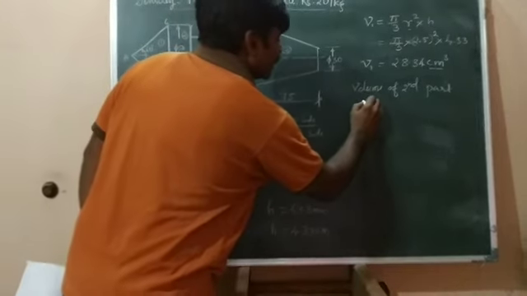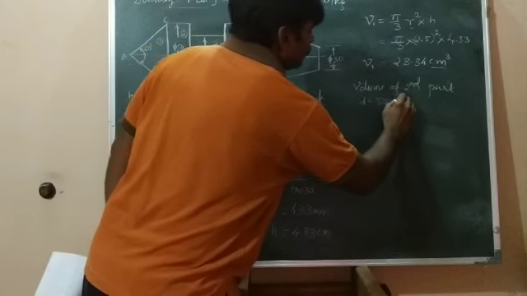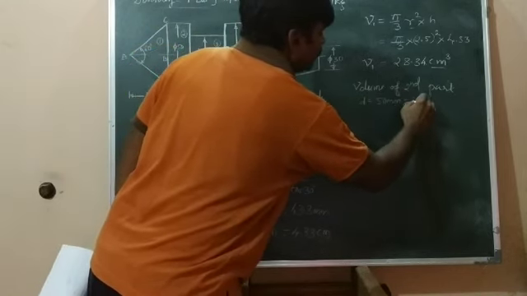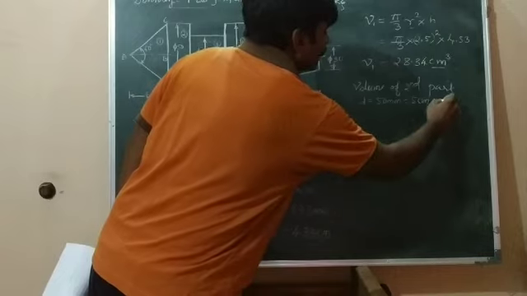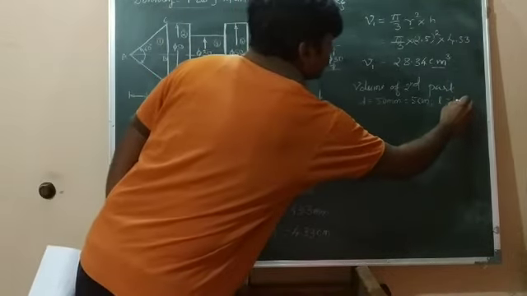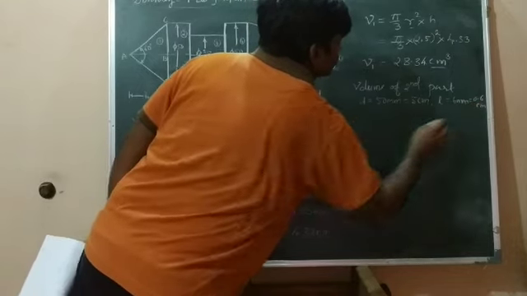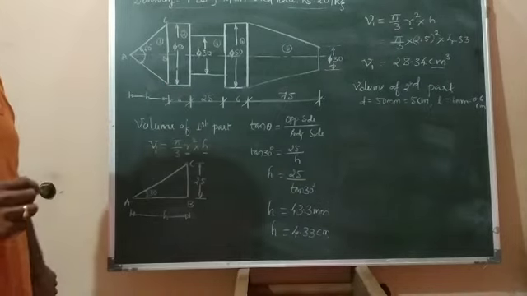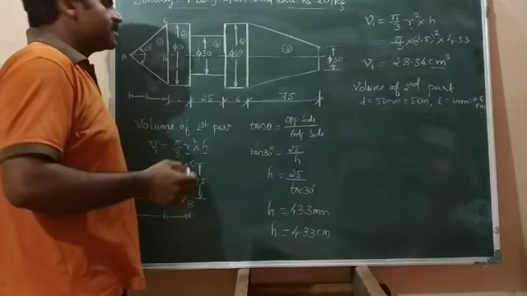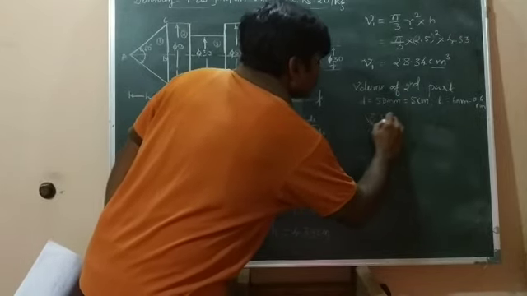So diameter 50 mm is 5 centimeter, and length 6 millimeter is 0.6 centimeter. Now how to find the volume of the second part? The second part is just a solid cylinder, so let me denote it by V2.